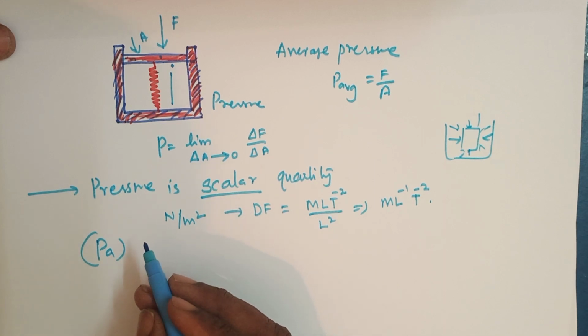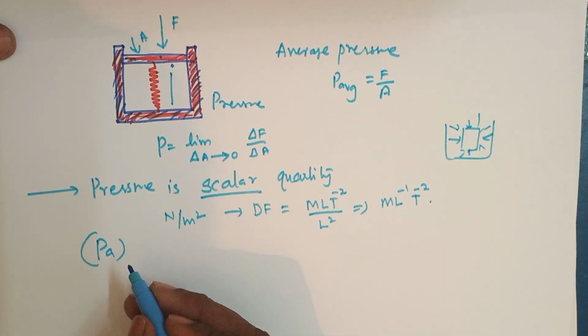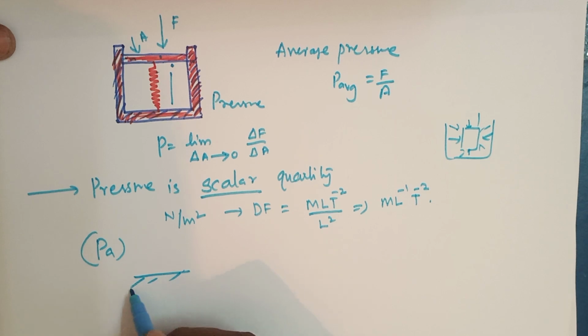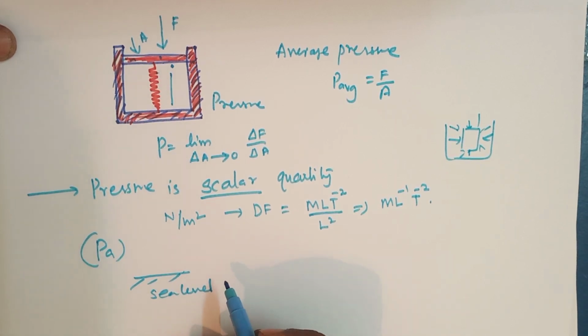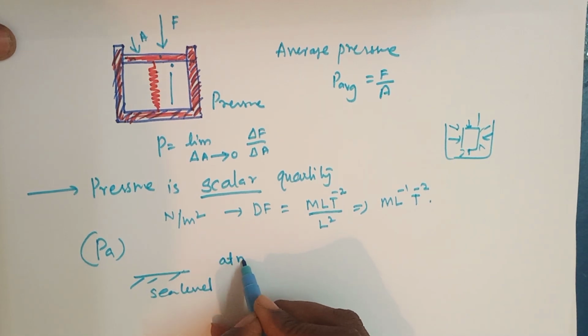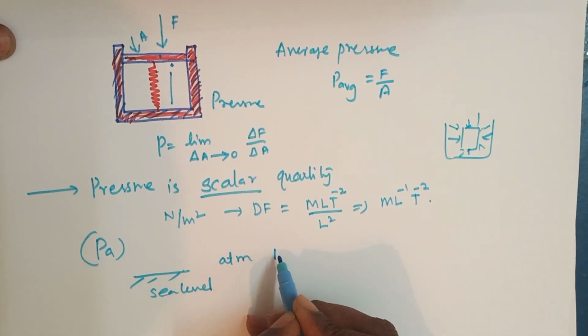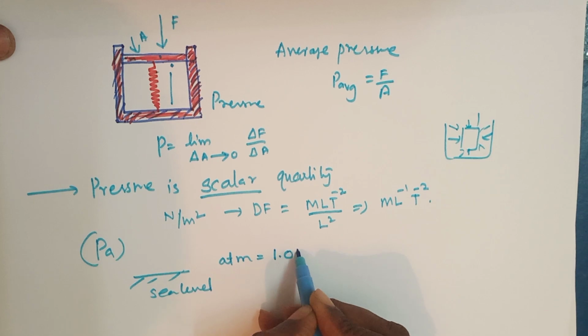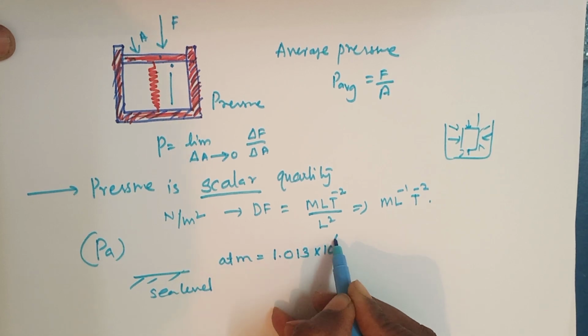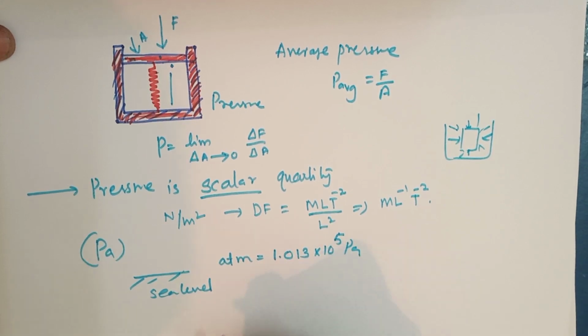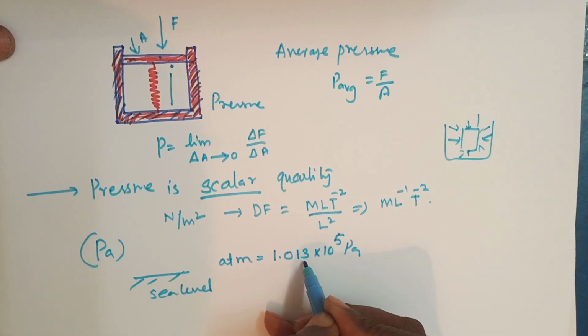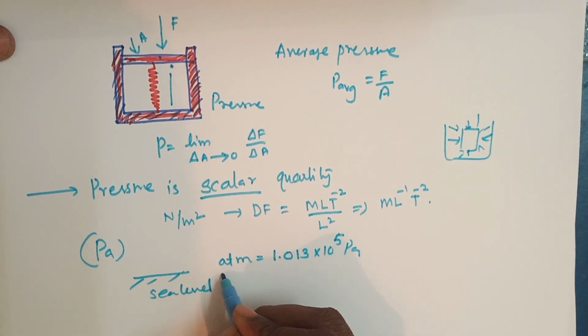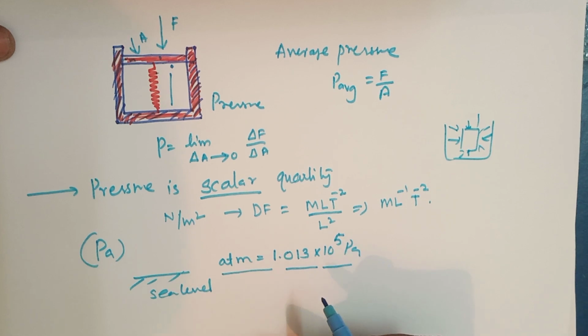At sea level, the atmospheric pressure is approximately 1 atmosphere, equal to 1.013 into 10 power 5 Pascal. Some textbooks refer to 1.015, but the standard form is 1.013 into 10 power 5 Pascal.